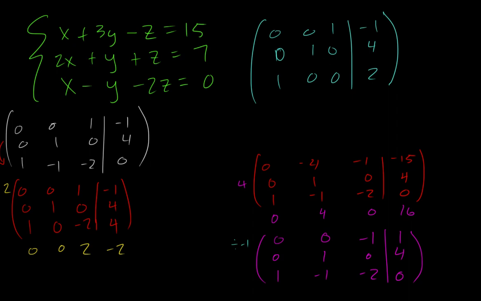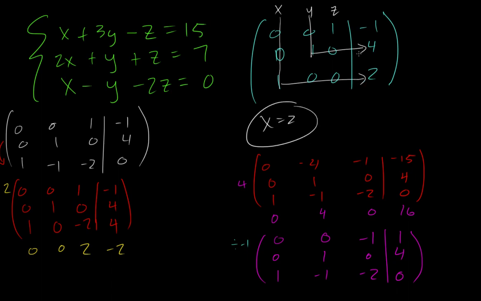We don't need to do that though, if we just remember that this is the x column, y column, z column. You can just go down till you hit a 1, and so we know x is equal to 2. Go down till you hit a 1, so we know y is equal to 4, and z is equal to negative 1.